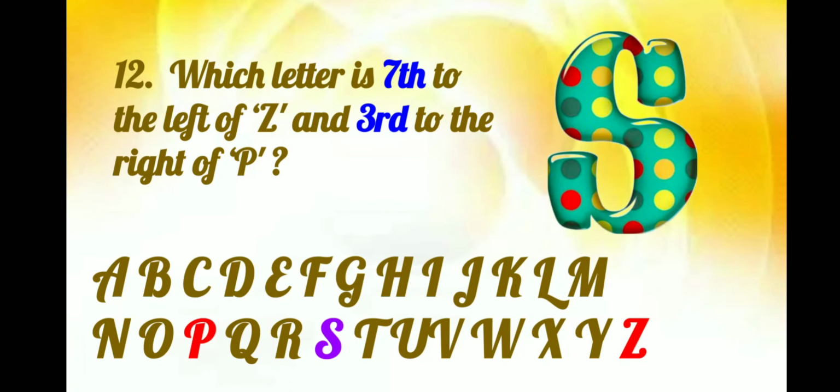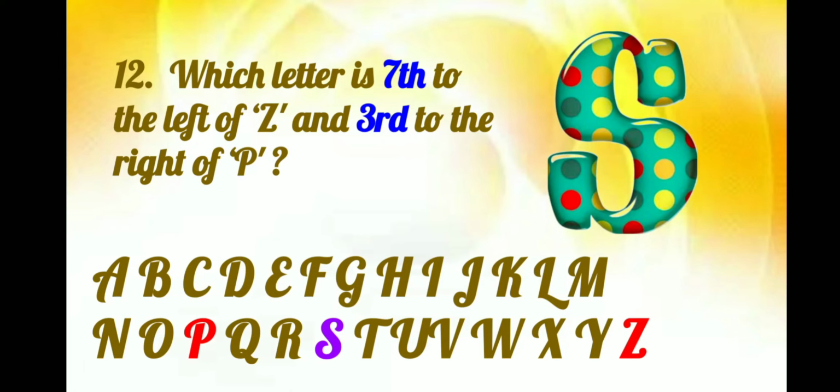The next one is, which letter is 7th to the left of Z and 3rd to the right of P? So P and Z, highlight these two alphabets. For the 7th to the left of Z, you can count from the back side, and for the 3rd to the right of P, you can also count.